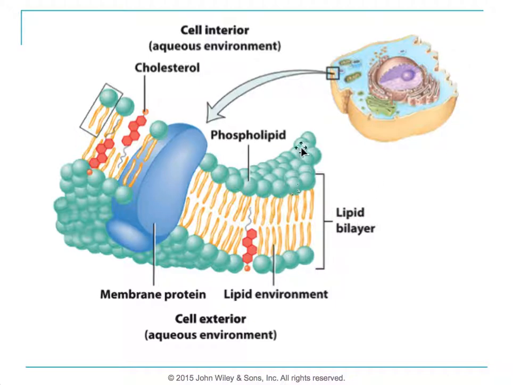So the inside surface and outside surface are the water-soluble ends, and the inside channel running through the center here, that is the fat-soluble part where the fatty acids are. Okay.